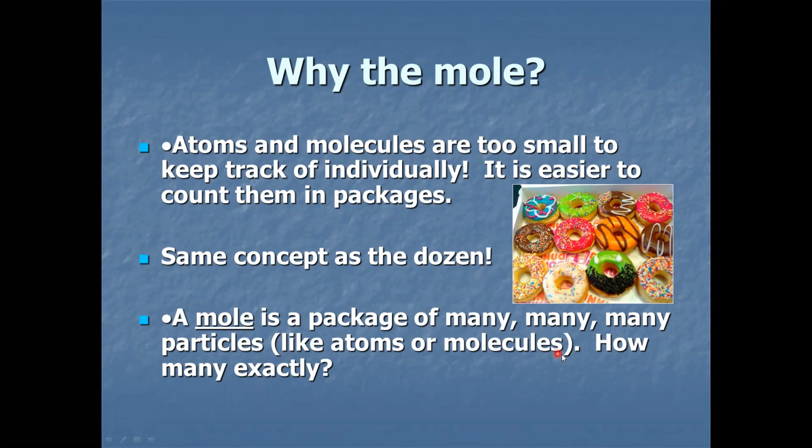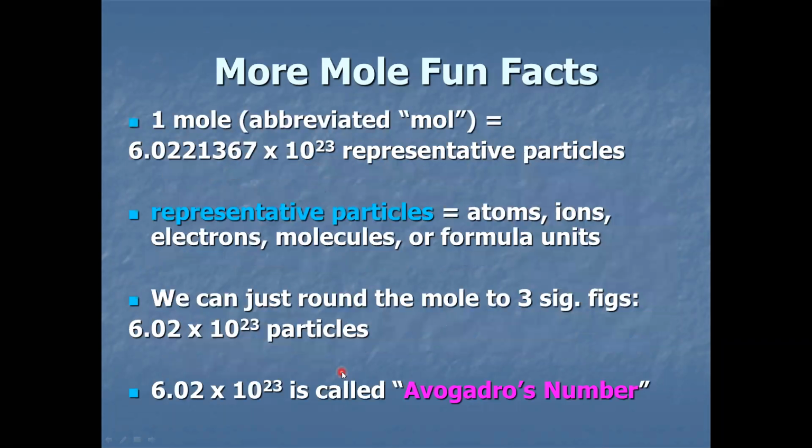When we talk about how many there are in a mole, this number literally boggles the mind. But one mole is 6.0221367 times 10 to the 23rd representative particles. And that's going to be 23 digits, like with the decimal point moved over. So it's insanely large.